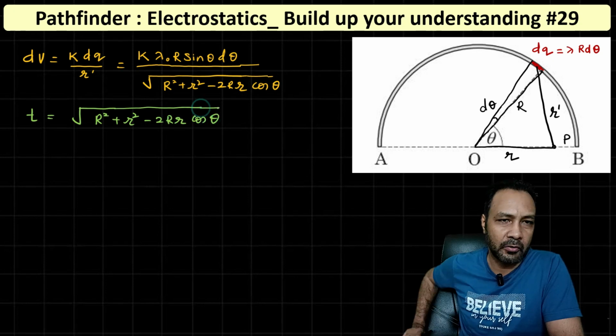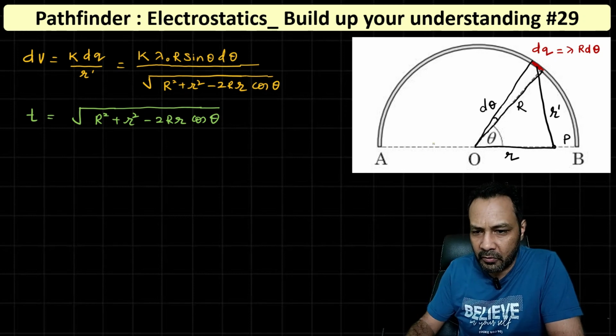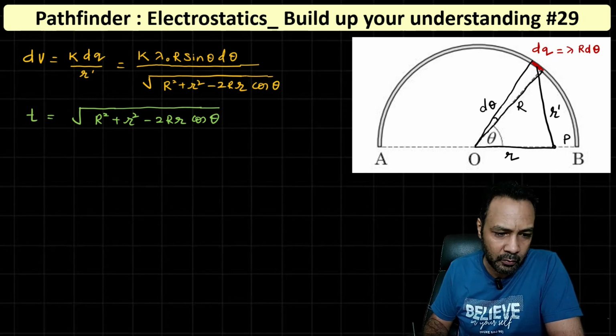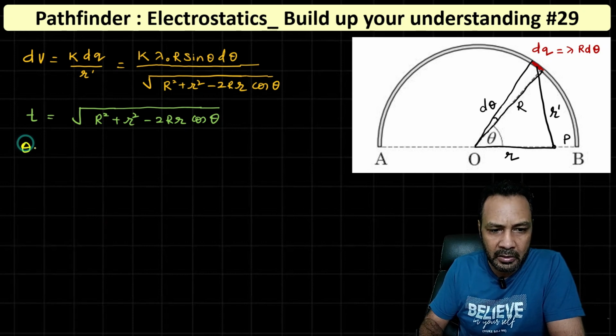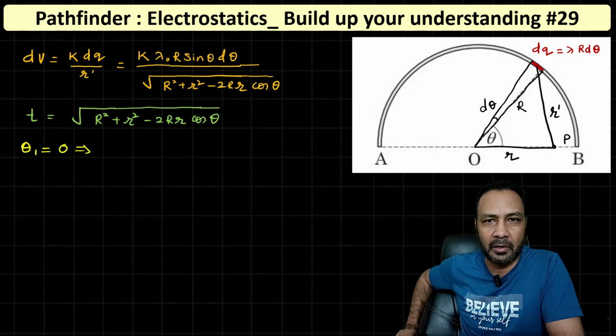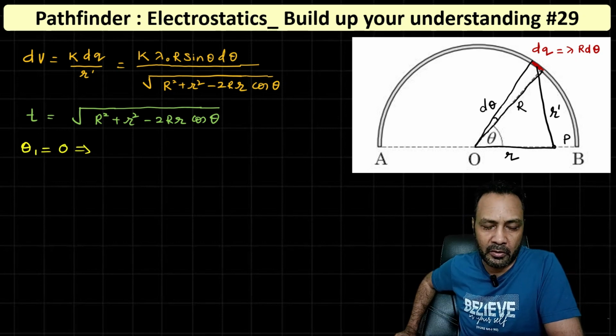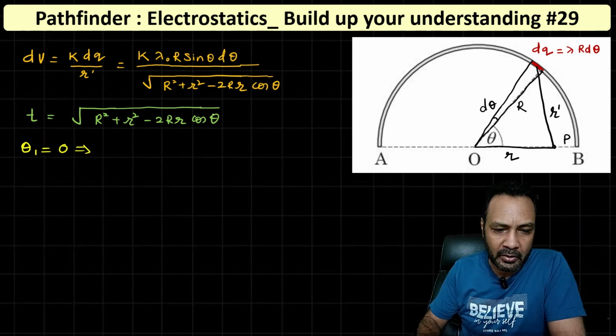One thing I have to do right now is change the limits. As theta is going from 0 to pi, how is t changing? When theta is at the lower limit 0, cos 0 is 1, so that will be the square root of capital R square plus small r square minus 2 capital R small r, which is the square root of capital R minus small r whole square, that is simply capital R minus small r.